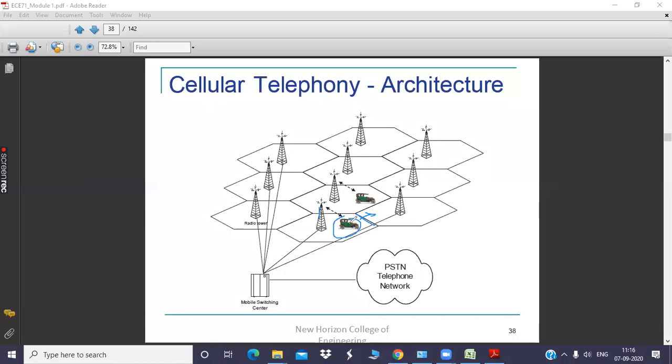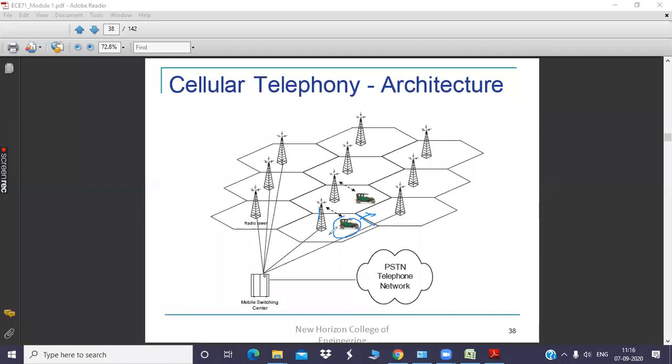It has to continue. For that, this MSC, with the help of the mobility database, will track the location of the mobile users, and later it will come to know that the adjacent base station should now take over the service.